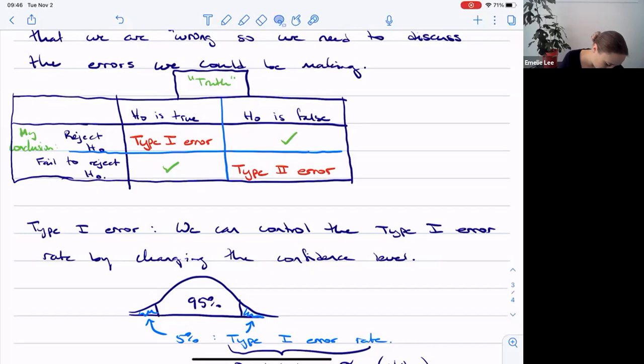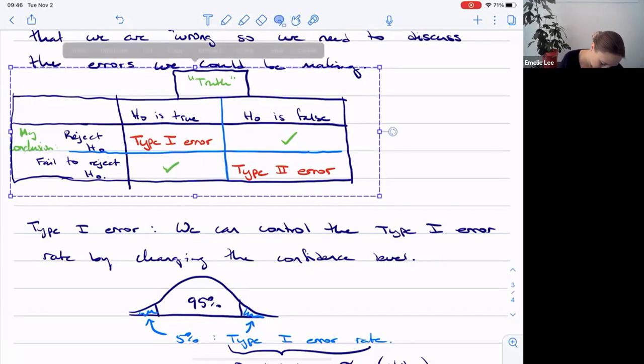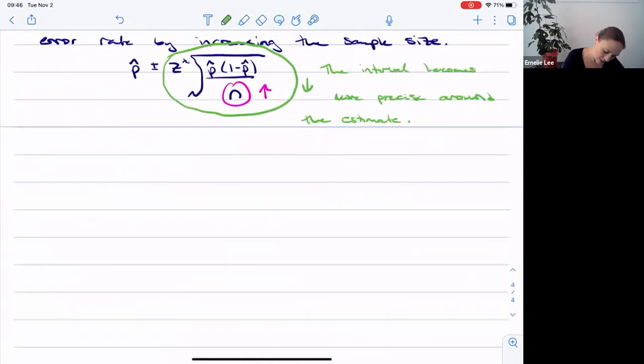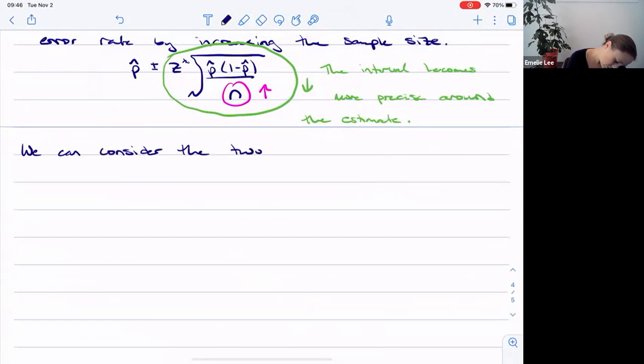So what I'm going to do is copy this, and we can consider the two types of errors in a court case scenario.